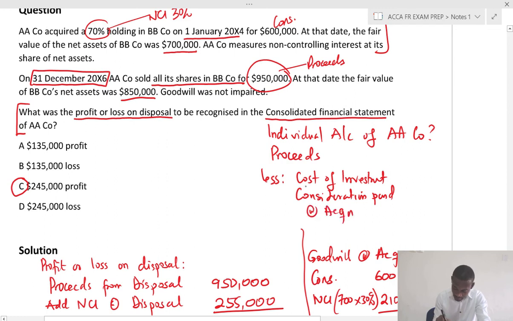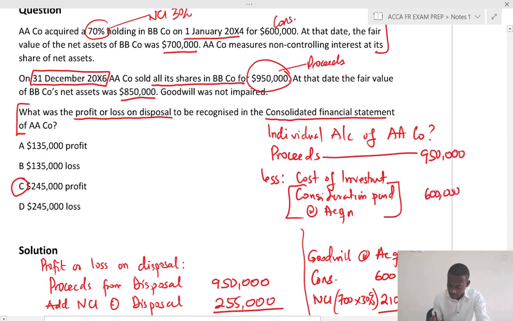Please take note of that. So here, if we know the proceeds to be 950 and the consideration was 600, the profit here would be 350. So we'll have 350 profit.